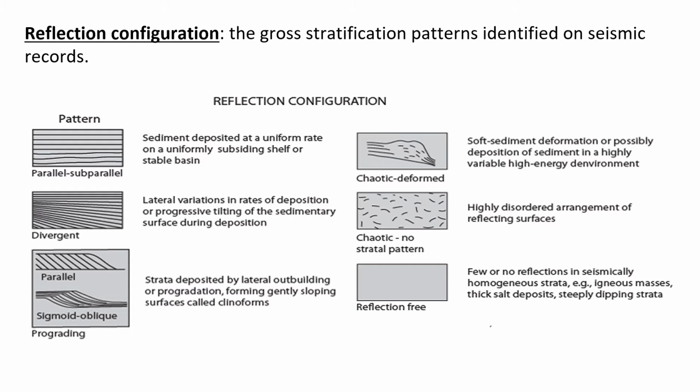It's very common to find what we call divergent reflectors. In other words, they kind of branch out like an array. This shows more lateral variations in rates of deposition, just like we would see for sediments, though you're not looking at sediments. And then we also see examples of prograding, both parallel and sigmoid oblique, a stacking pattern that we can see, what we call a prograding reflection configuration or a prograding pattern.